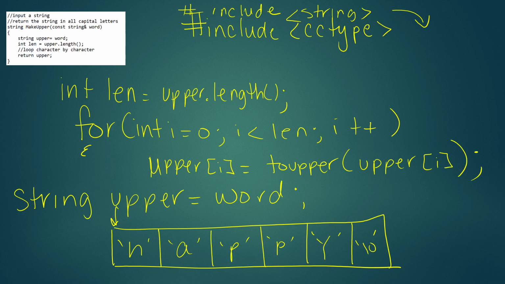So it will character by character change it to uppercase. When i is 0, this h will become a capital H. Then i is 1. So this is a very straightforward way to take a character array and change it to all uppercase letters.